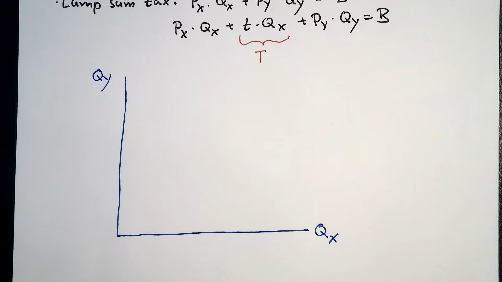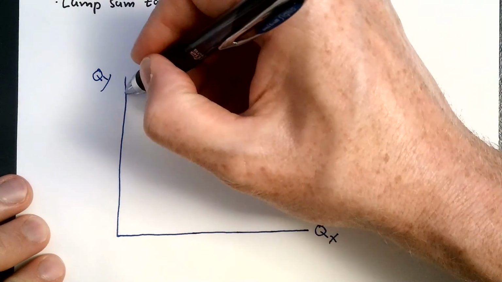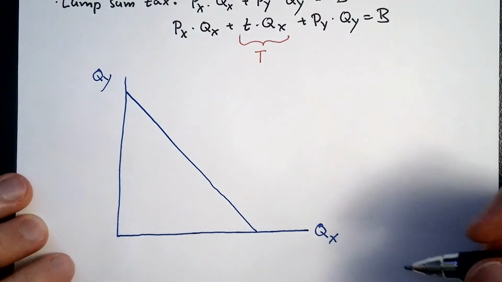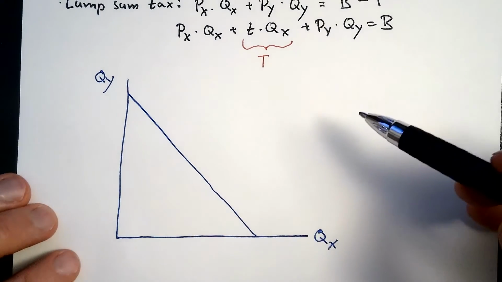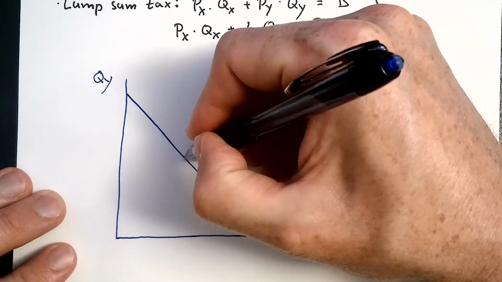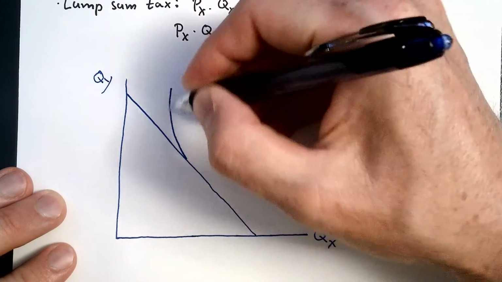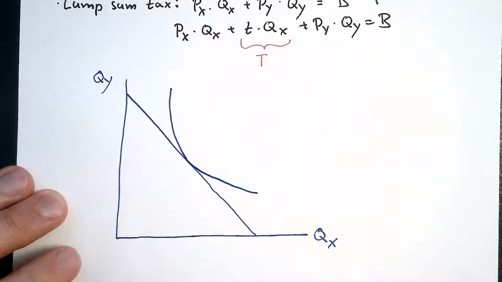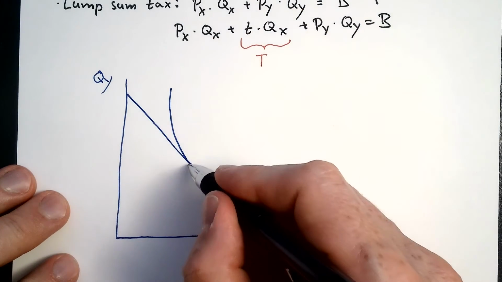If we have the situation without any tax, then we have a budget constraint that looks like this, and assume that both goods are consumed, and hence we have some indifference curve which is tangent to the budget constraint.